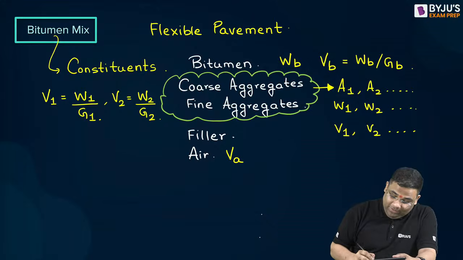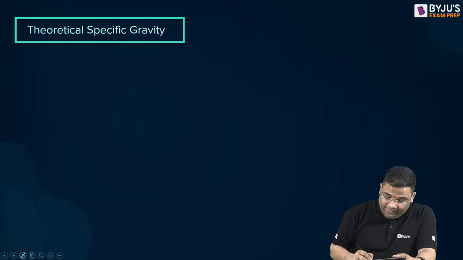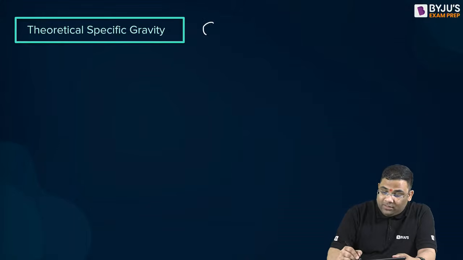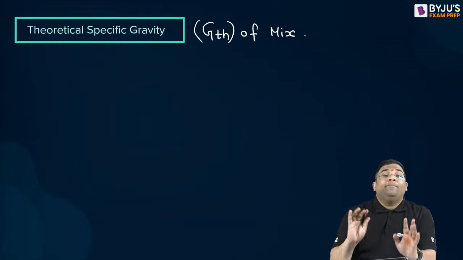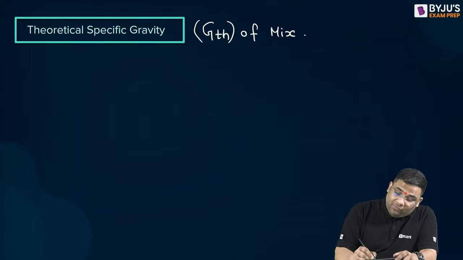Now, we'll come across a term known as what? Theoretical specific gravity. Theoretical specific gravity of the mix. Of the mix means what? Of the total one. The theoretical specific gravity, G theoretical of the mix. Now, how will I find out the G theoretical of the whole mix?